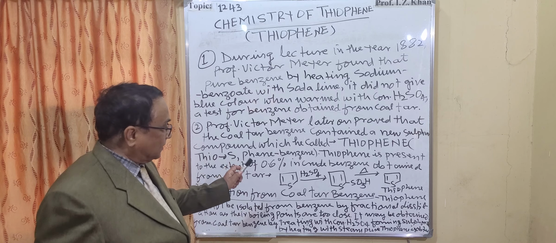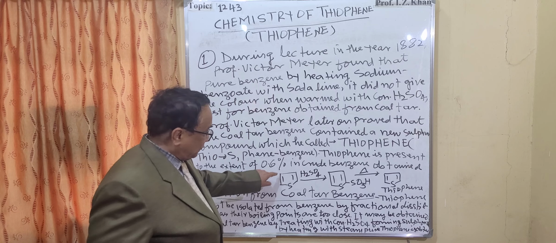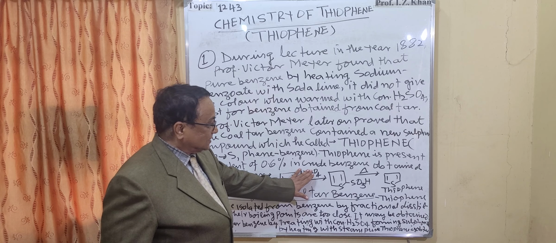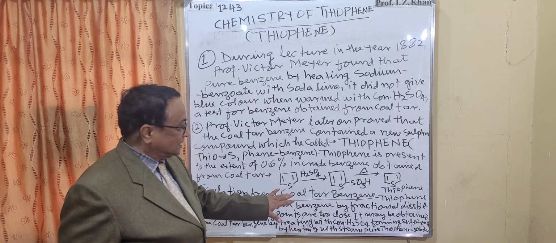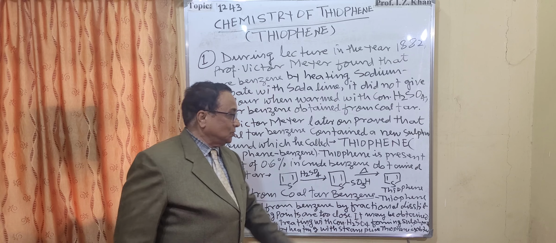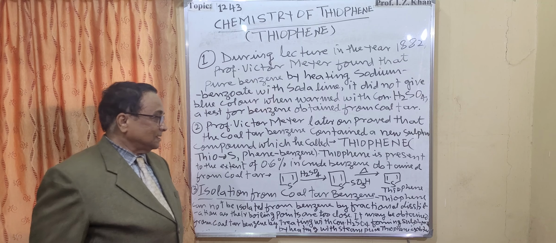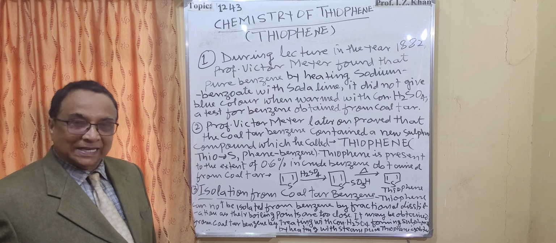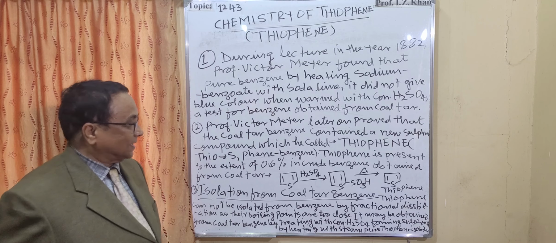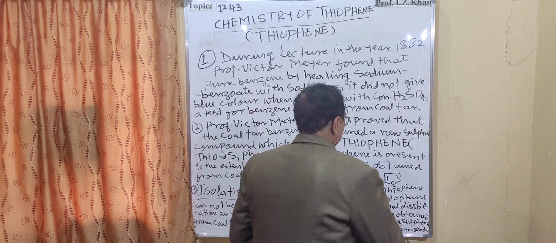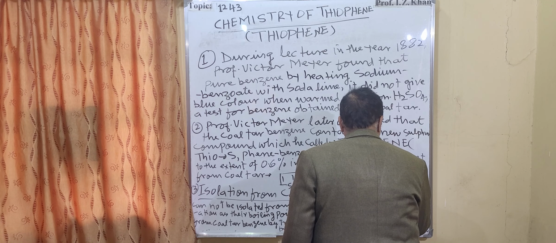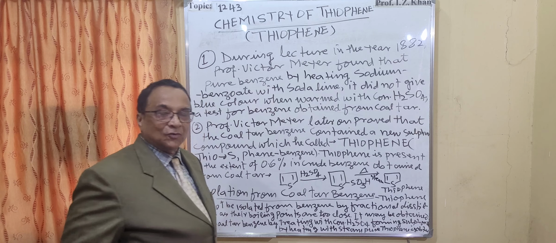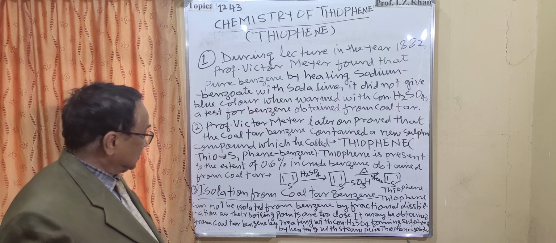From coal tar, once thiophene is present in coal tar benzene, it is treated with concentrated sulfuric acid. That is converted into the sulfonic acid derivative, C4H4SO3H, and then it is heated in presence of steam. With that, the thiophene in pure form is separated out.